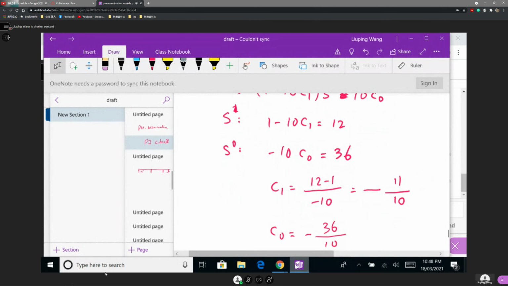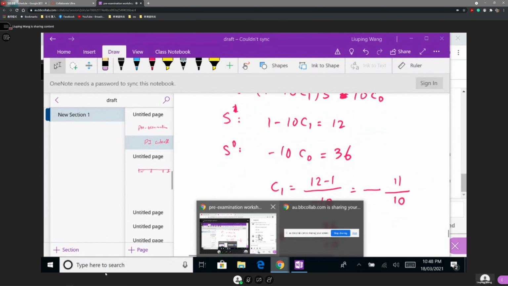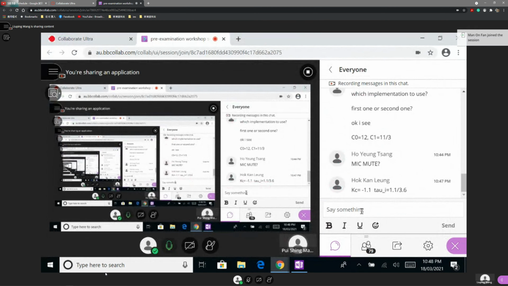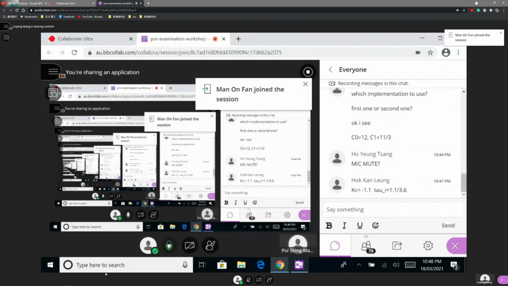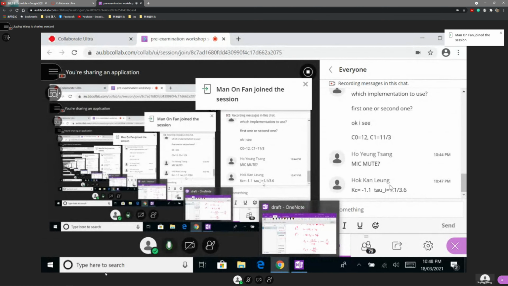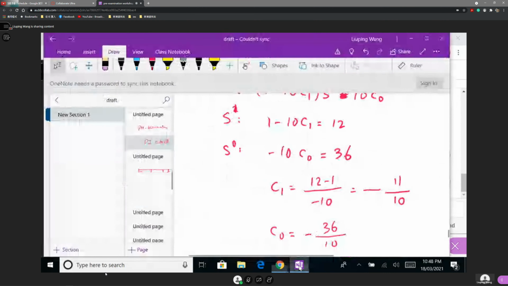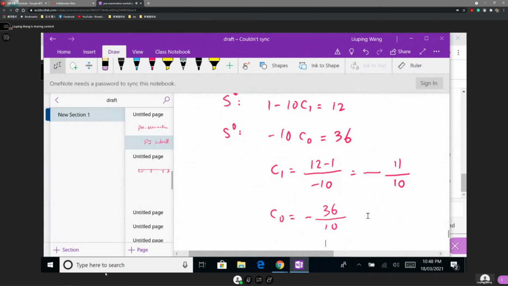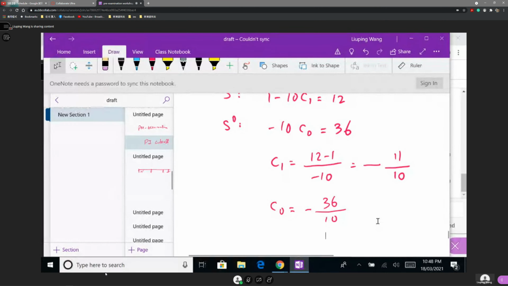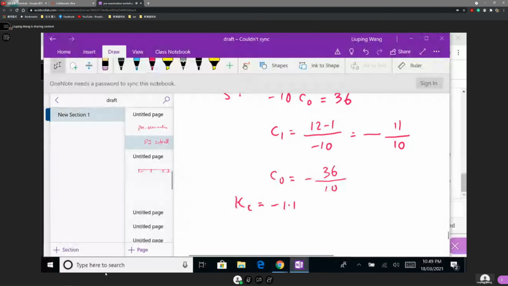Who got it right? Let me see. Someone got it wrong. C1 is negative, so Kc is negative. Kc equal to minus 1.1, right? Tau I is positive.